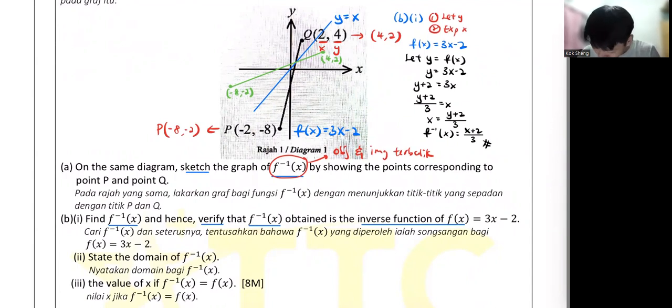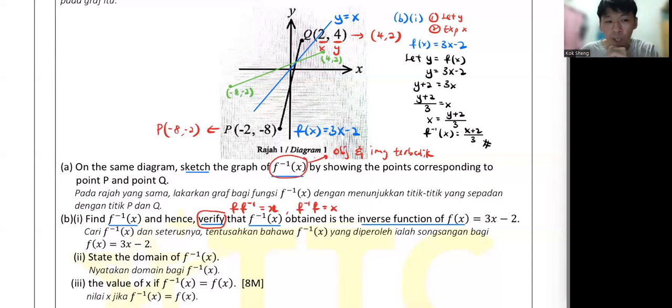To verify, you have to find that the composite f, f negative 1 equals x. Not enough, one more: you also have to find the opposite, f negative 1 of f equals x.